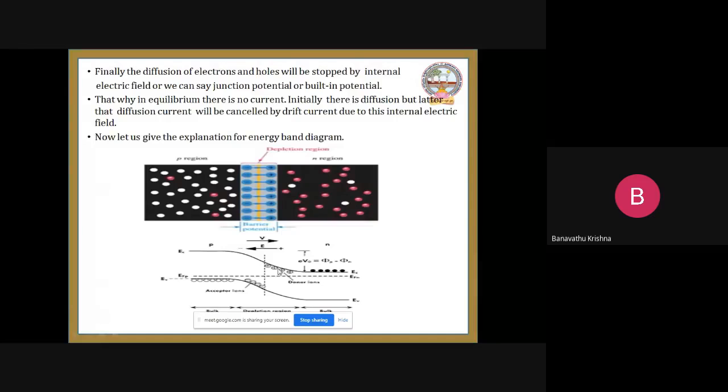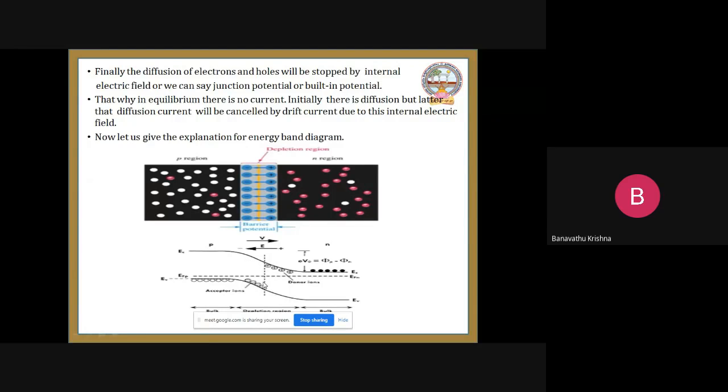So how does this bending occur? This part is the P type material and this part is the N type material. These are the energy levels for N type and P type, as I told you in the first slide. Now, how is the bending formed in this particular energy band diagram?